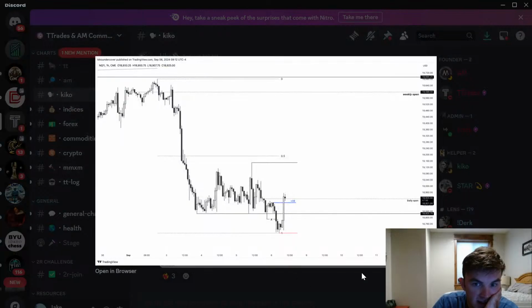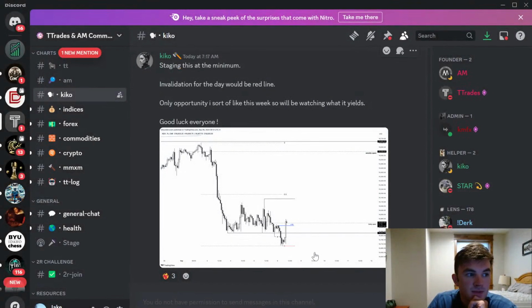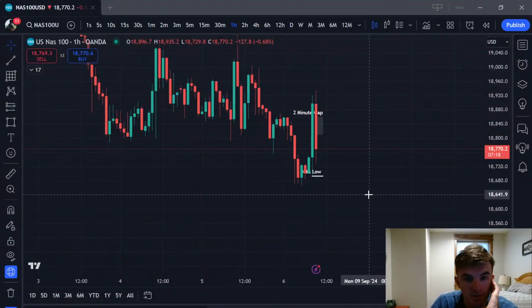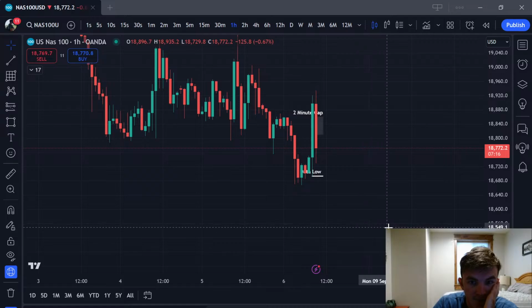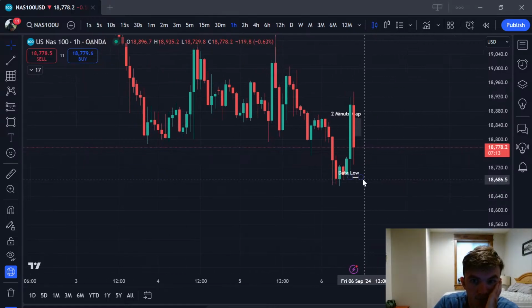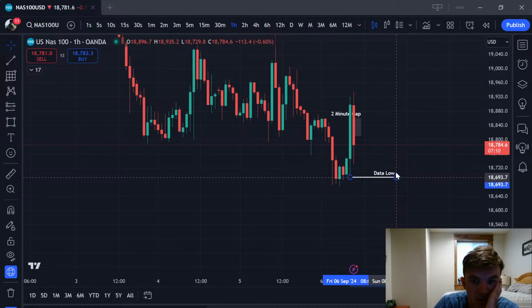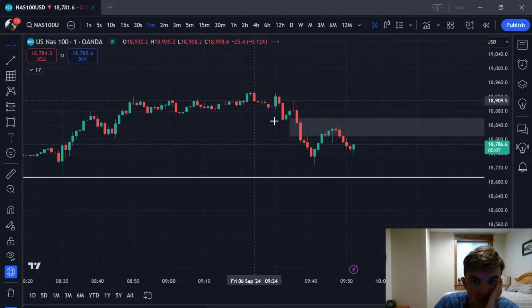I was looking at this guy's analysis, and he says this order block, we swept sell side, and this makes sense to me because we're in this daily fair value gap, which is not on the screen right here, but this is a daily fair value gap. So I feel like this is pretty solid. But right now we are pushing pretty far into this order block. So I guess we'll just have to see.